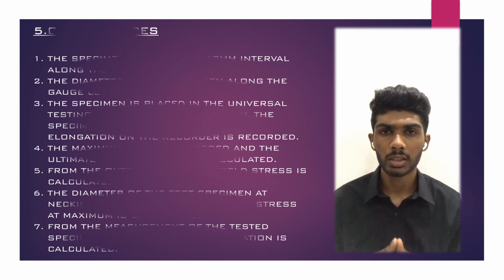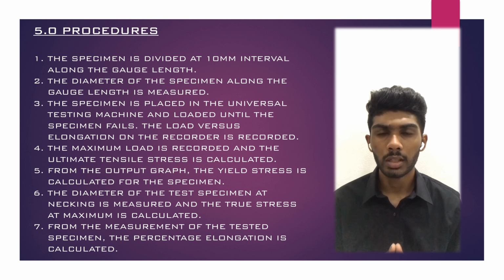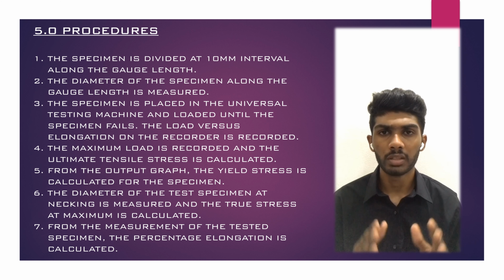Now we'll have a look at the procedures for this experiment. First, the specimen is marked at 10 mm intervals along the gauge length. Then, the diameter of the specimen along the gauge length is measured. Now, we put the specimen on the universal testing machine and load it until the specimen fails. Then, the load versus elongation is recorded from the recorder.